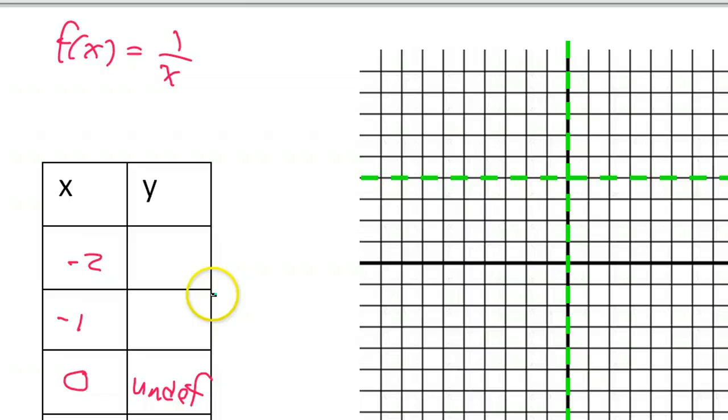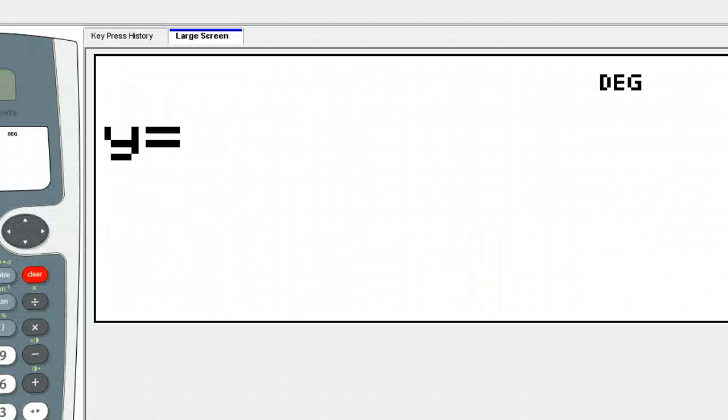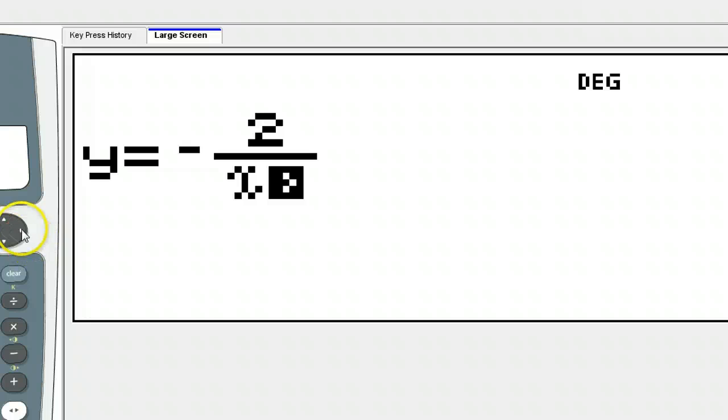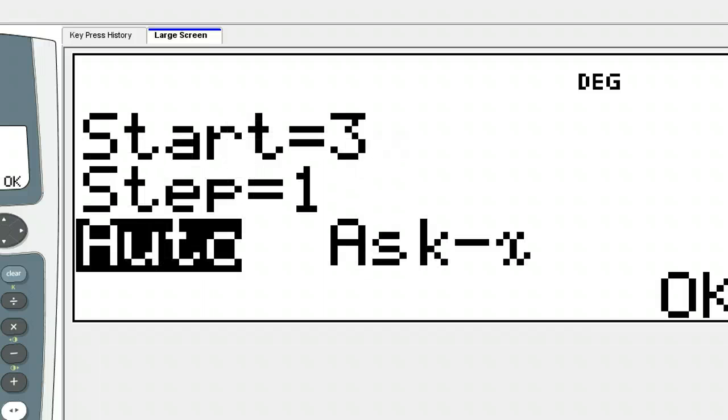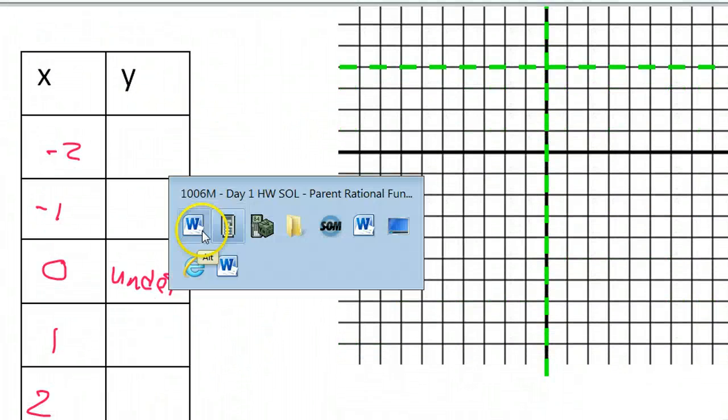Okay, let's get the y values that go with it. Okay, so negative 2 over x plus 4. Okay, where was I supposed to start again? We had agreed to start at negative 2.